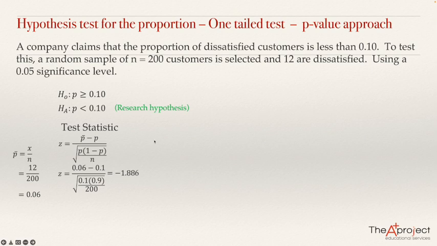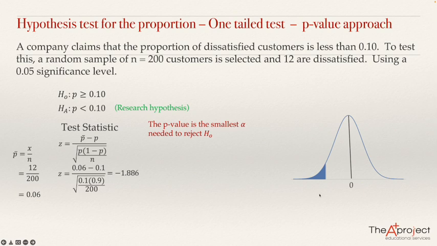Now that we have this, we are going to use the fact that we are using the p-value approach. Remember, the p-value is the smallest alpha needed to reject the null hypothesis. In the normal distribution, you know that 0 is in the middle, and this negative 1.886 will be a value here in the negative part of the distribution. If this area were alpha, then we would be rejecting.